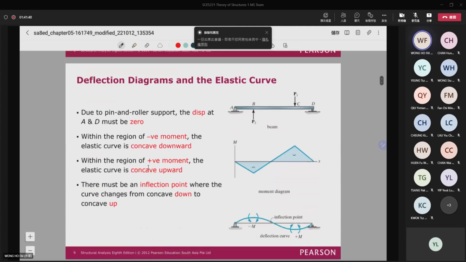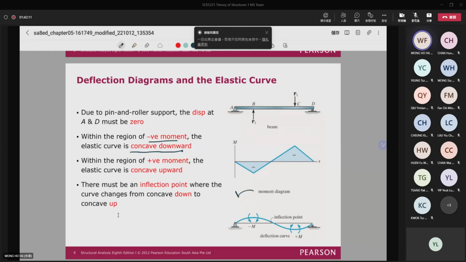Right here, you can see that when you apply the load, the structure will bend like that. For negative bending moment here, you can see that it will bend concave downward. When you apply the load, as I mentioned, the bending moment diagram will always be on the side of compression.